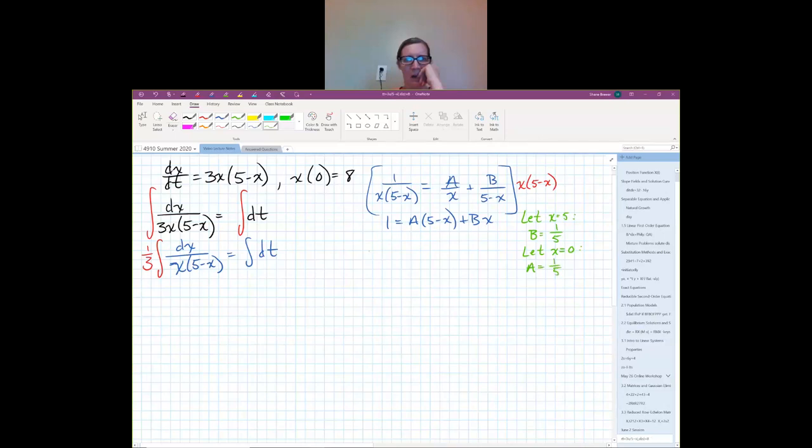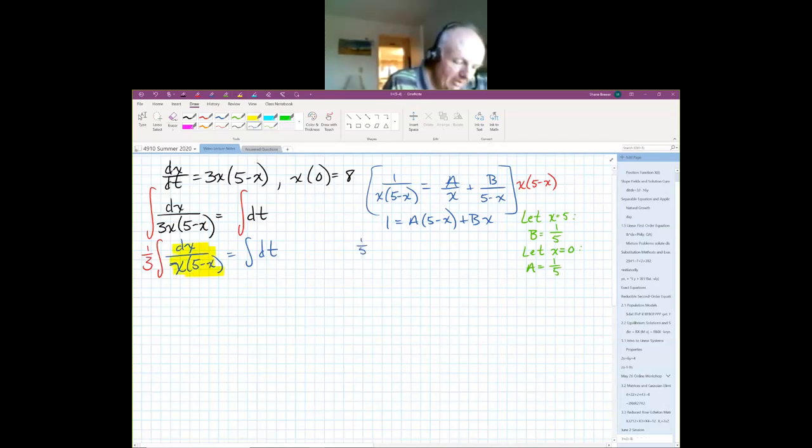So we end up with this: the thing we are trying to integrate is 1/5 over x plus 1/5 over 5 minus x.